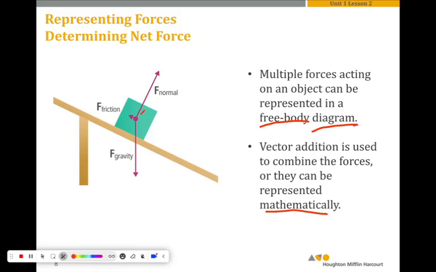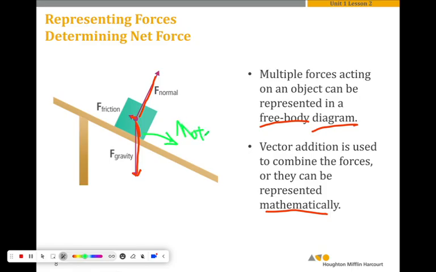So if I know the magnitude of this arrow and the magnitude of the friction force, if the force of gravity is stronger, then I might say that this box will start getting pulled in the downwards direction, down the ramp.